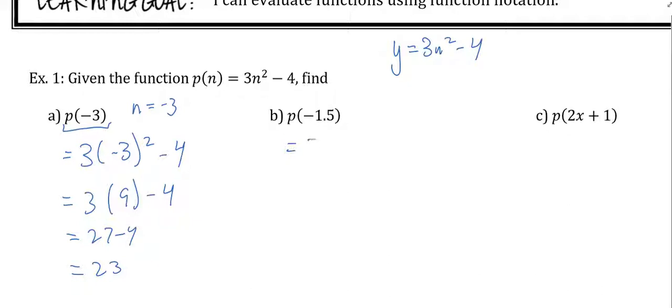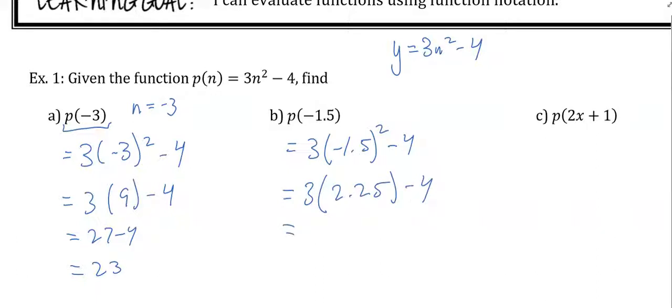Same thing for the next one, just kind of warming up here. Negative 1.5, decimals. When we square decimals, that can be a little bit messier. So use your calculator, make sure you know how to do it. Again, the negative is inside the bracket, so it's going to go away. So I put 1.5 into my calculator, square it. 2.25.